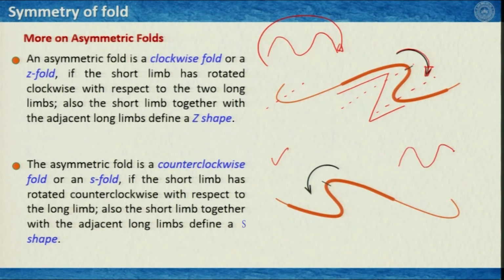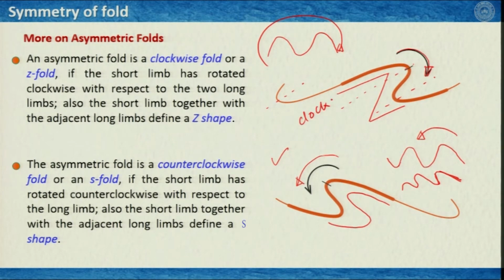Again, if I consider that there was a symmetric fold, something like that, and then I rotate it counterclockwise, then it may take a shape like this, where this is the short limb and this is the long limb, and the resultant structure is here. So, the short limb rotated counterclockwise. Also, you see that this short limb together with the adjacent two other limbs defines the English letter S.